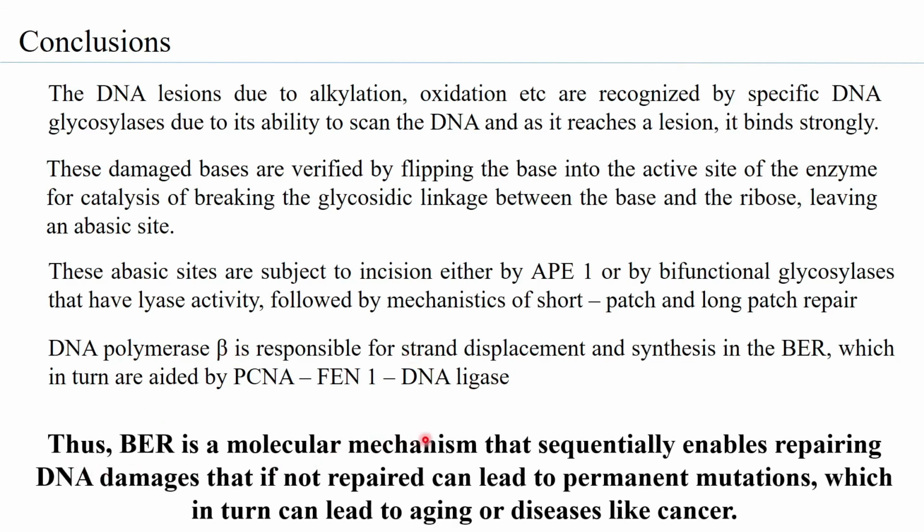Thus, BER is a molecular mechanism that sequentially enables repairing DNA damages that, if not repaired, can lead to permanent mutations, which in turn can lead to aging or diseases like cancer.